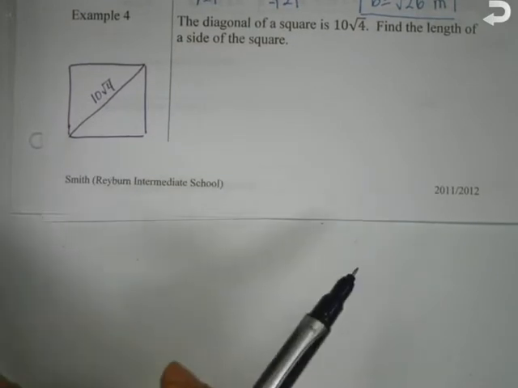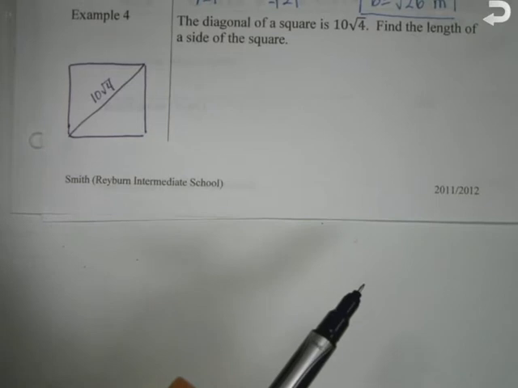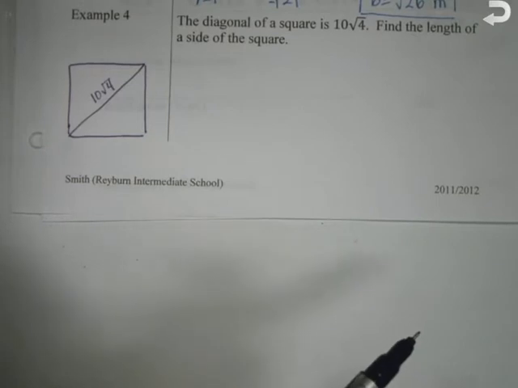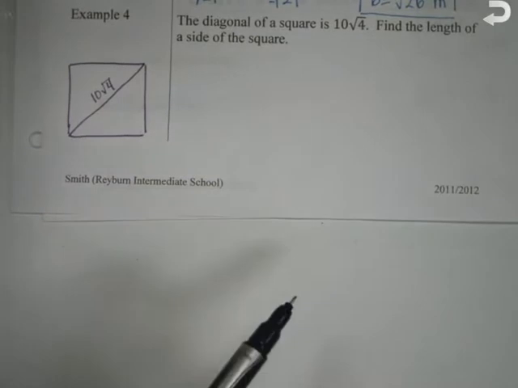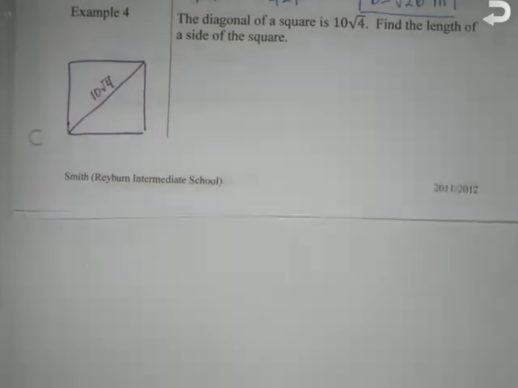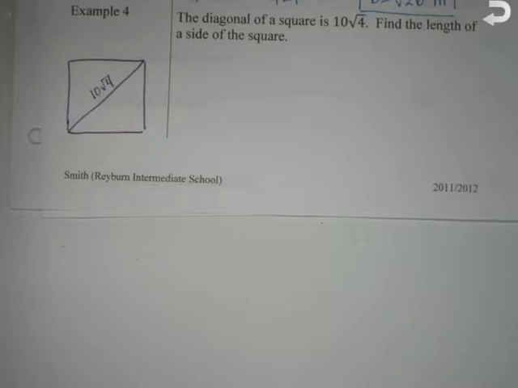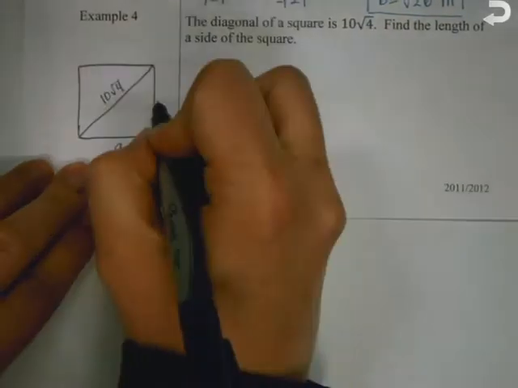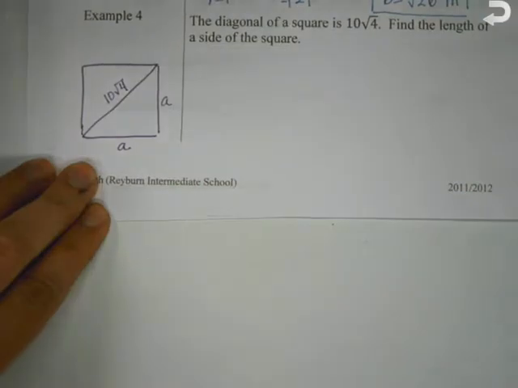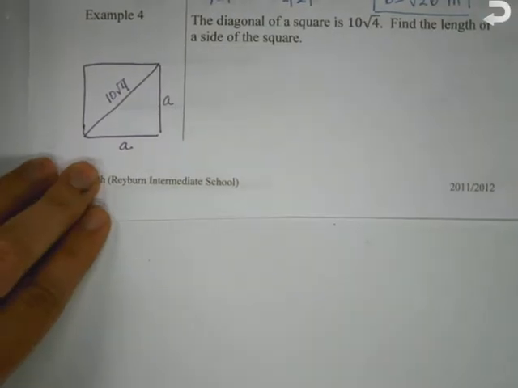Give up? Yeah, give up. A squared and B squared, but let's think about it. It's a square. So they're the same. So this is A, and this is also A, right? They are the same. So what is this?